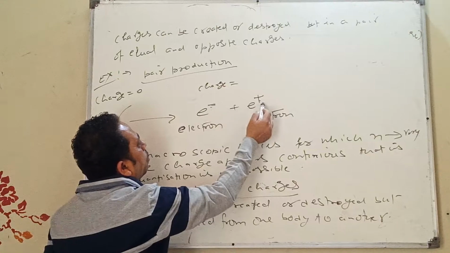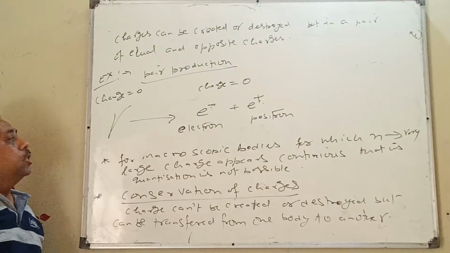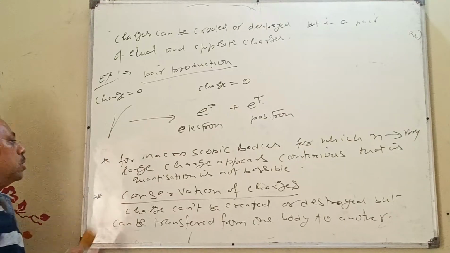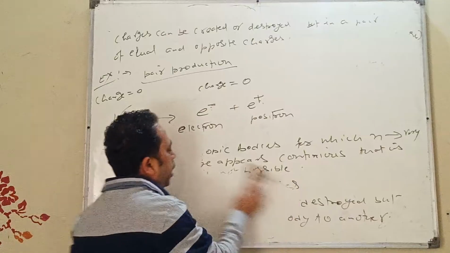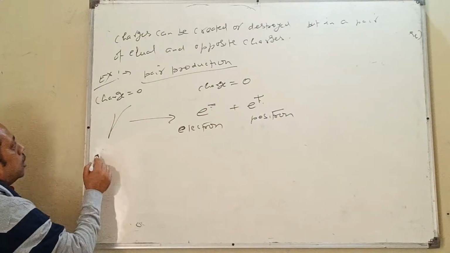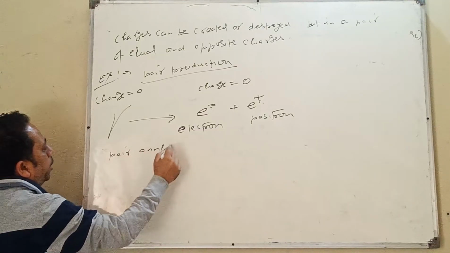Both are equal and opposite, so their additive sum is 0. That indicates that charge is conserved. Another example is also there, and this is called pair annihilation.